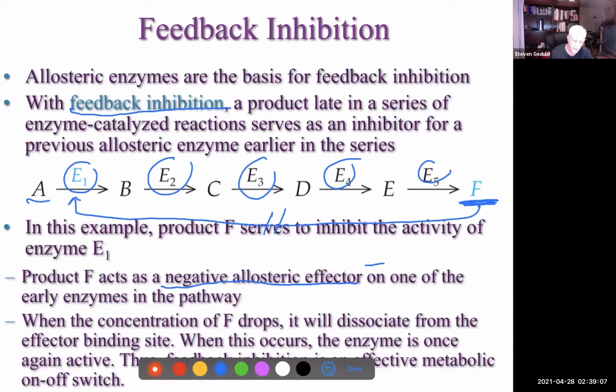If you use up all the F and it runs out, then F does not bind to E1 here. It opens up the active binding site and the reaction occurs again to make more F. So basically, if F is present, it turns the switch off. If F is not present, the switch gets turned on. It's just an on-off switch.